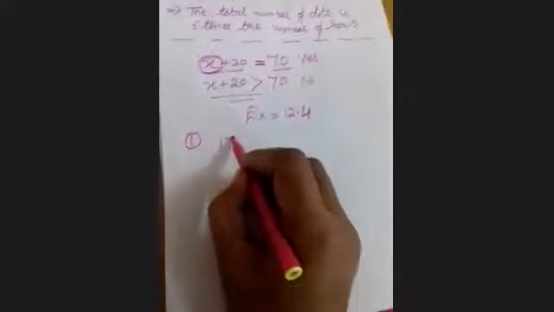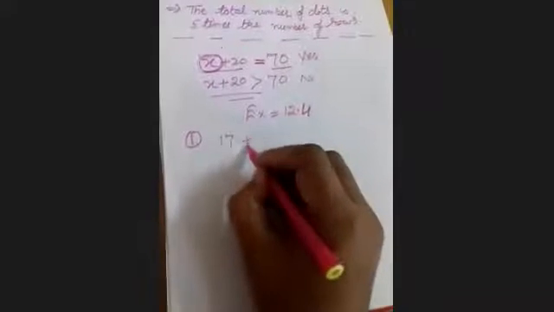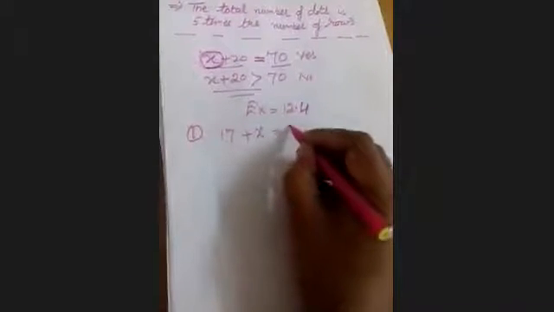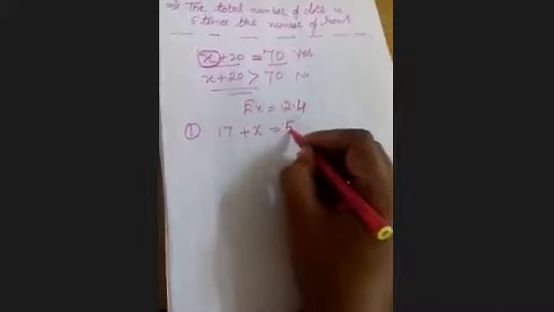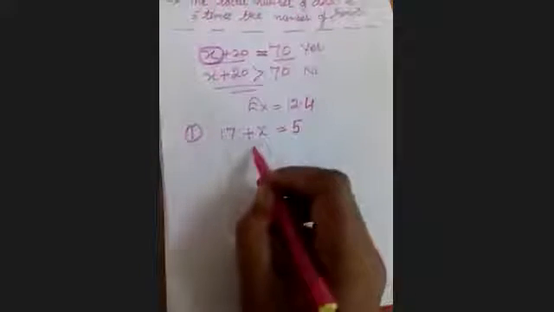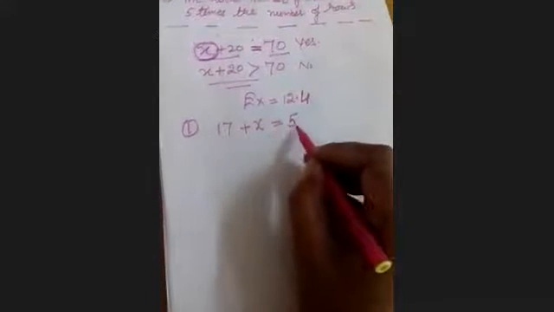In case of an equation with a variable, identify the variable. Your first equation is 17 plus x is equal to 5.